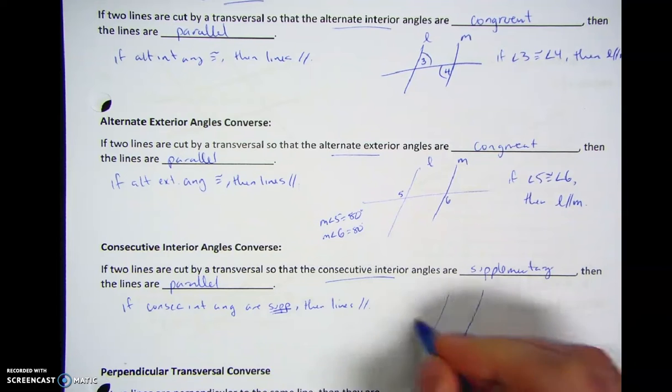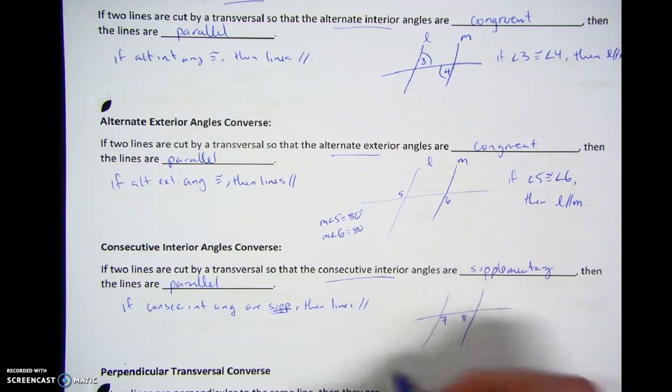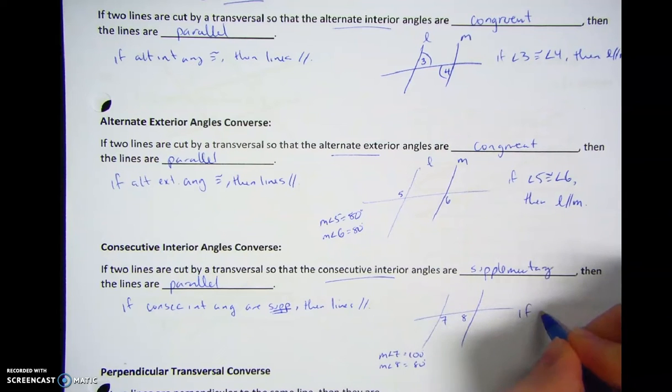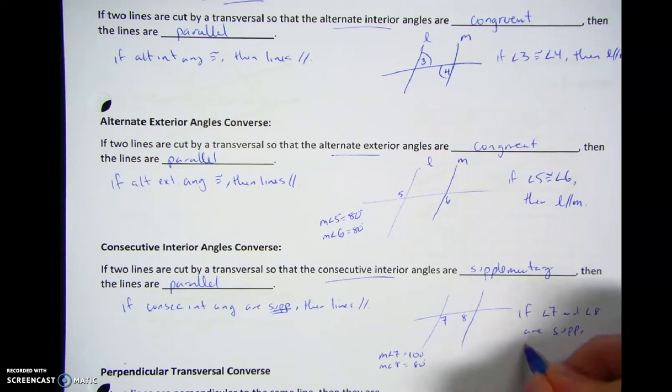So here, maybe we're looking at angles 7 and 8, where the measure of angle 7 is 100 and the measure of angle 8 is 80. If angles 7 and 8 are supplementary, then the lines are parallel.